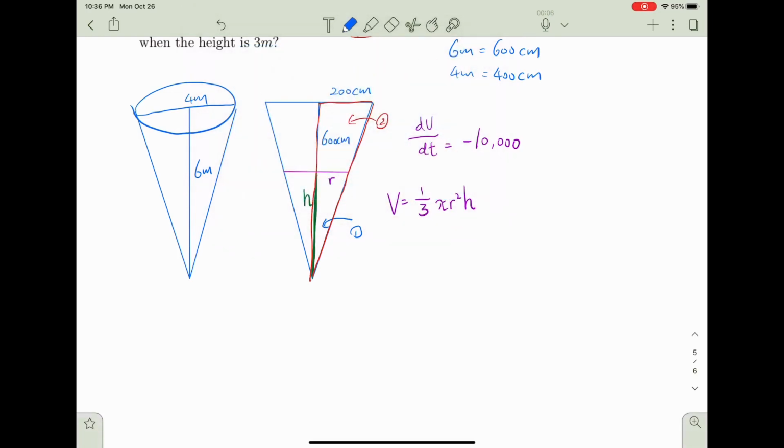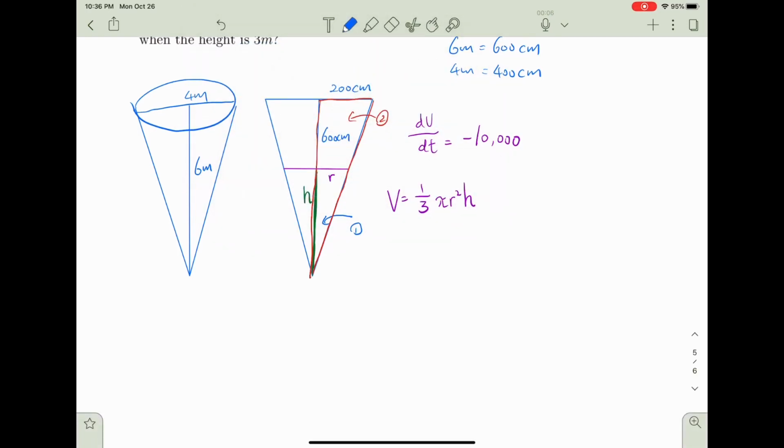So I can write R over 200, that is the length of this side of the small triangle over the length of the side of the large triangle, equal to the height of the small triangle, which is h, over the height of the large triangle, that is 600.